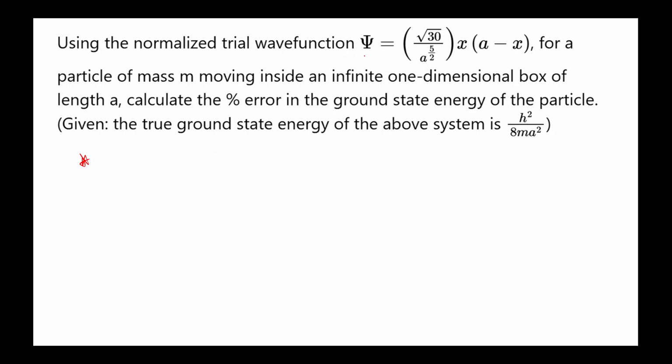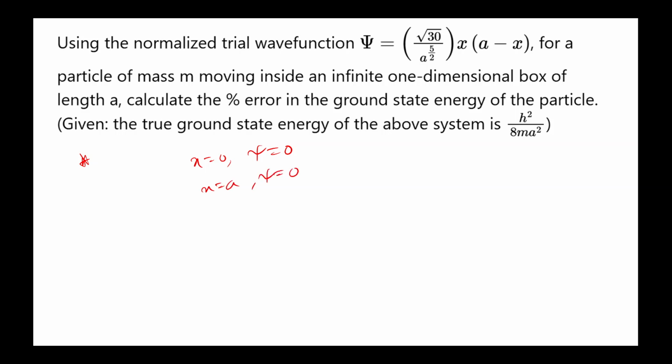First, see that whatever trial wave function is given is normalized. The very important thing is that it should maintain the boundary condition. For a particle in a box, when x is equal to 0, psi should be 0, and at x is equal to a, psi should be 0.